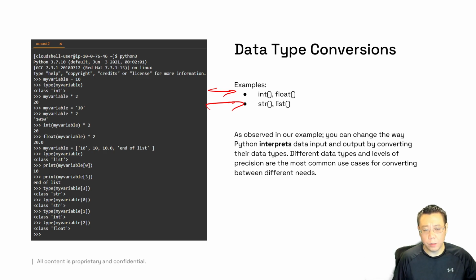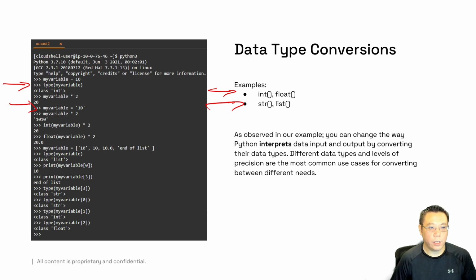Well, I should say two separate categories of comparison. Let's start from the top again. 10 is an integer. Multiply by 2, another integer, and it will always remain an integer. If you change the variable, we're overriding the variable at this point, to a string of 10, it's going to print 10 twice.